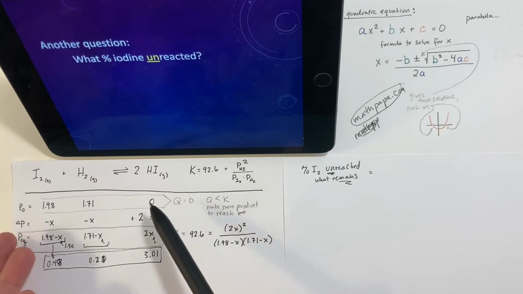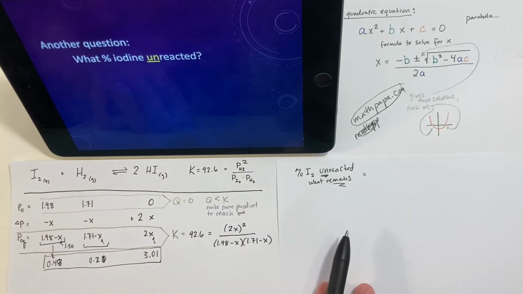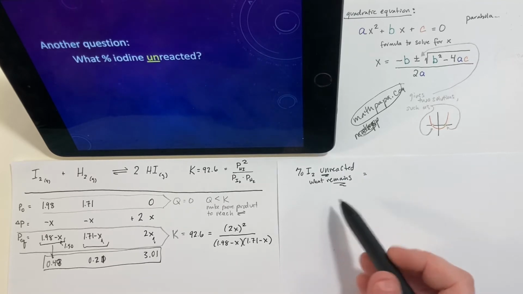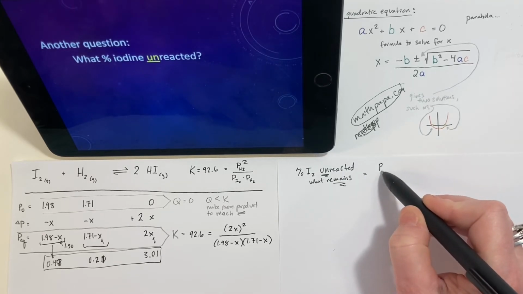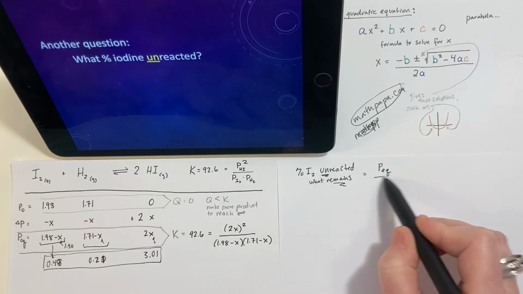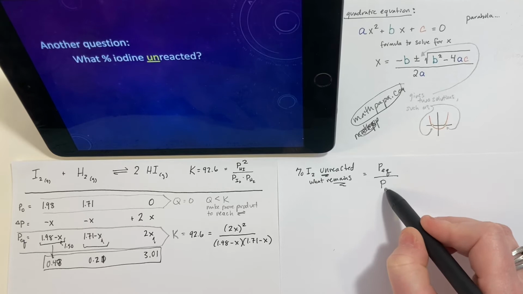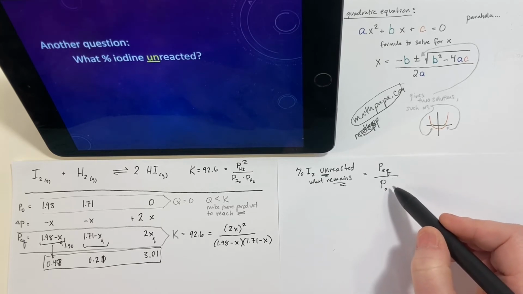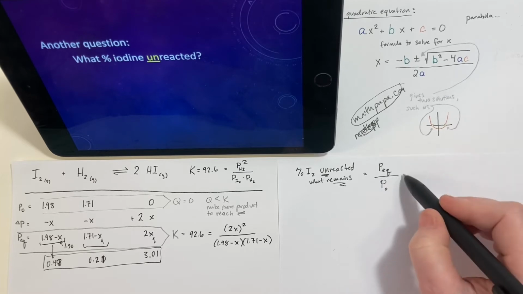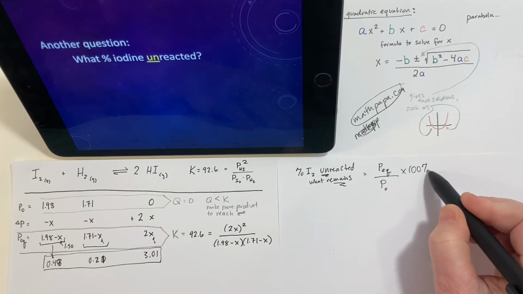When we say unreacted, we're talking about what remains at equilibrium. So we want to know the pressure exerted by the iodine at equilibrium compared to what it started with, the initial pressure. It's part over whole. That's what a percent is, part over whole times 100%.